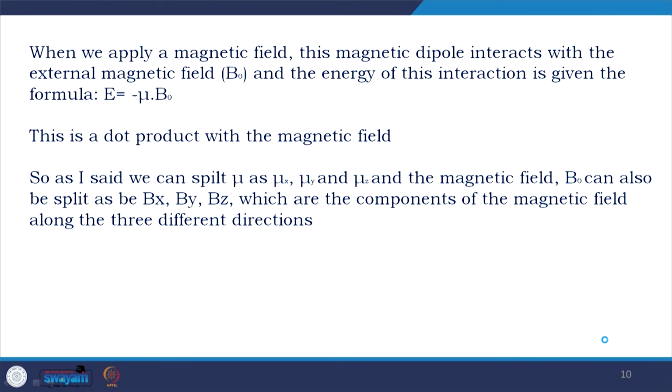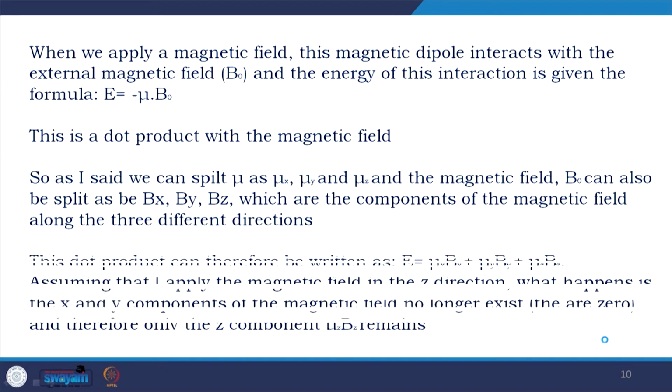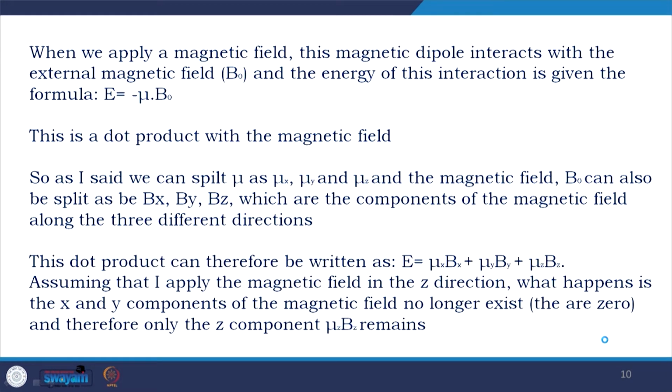So, as I said, we can split mu as mu x, mu y and mu z, and the magnetic field B0 can also be split as Bx, By, Bz, which are the components of the magnetic field along the three different directions. This dot product can therefore be written as E equal to mu x Bx plus mu y By plus mu z Bz.